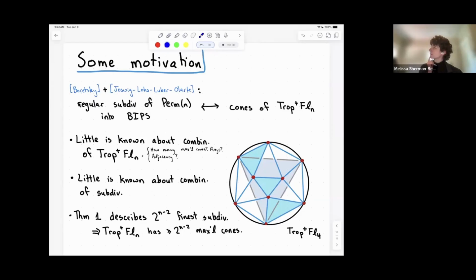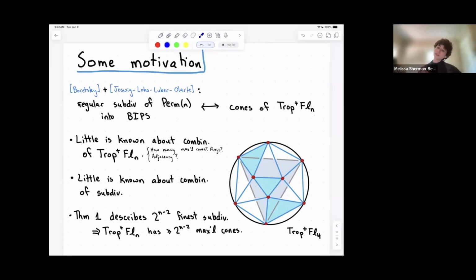I think there's some subtlety here, which is that the positive tropical flag variety is really a set, and you can endow it with the structure of a fan. It is actually a set, which is the support of a polyhedral fan.